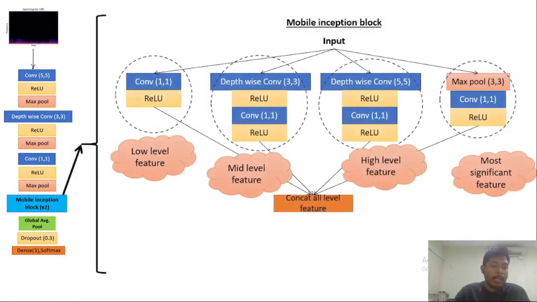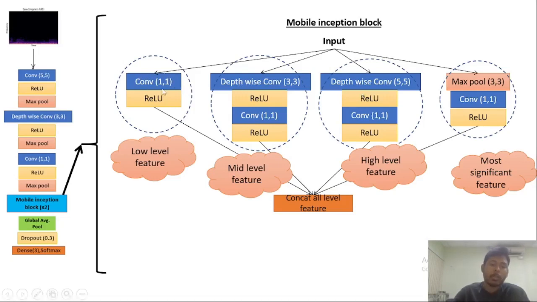The mobile inception block consists of this kind of inception structure, which we have already seen in GoogLeNet. But here we have changed the convolution pattern. We have added depthwise and pointwise convolution to give a hike in parameter reduction. Whereas in normal inception there was no concept of depthwise convolution, in our approach we have added the depthwise convolution in two of the branches of the inception block.